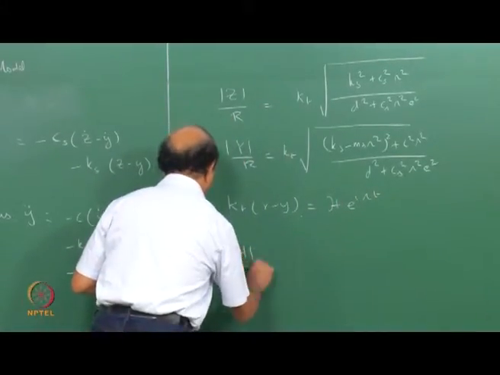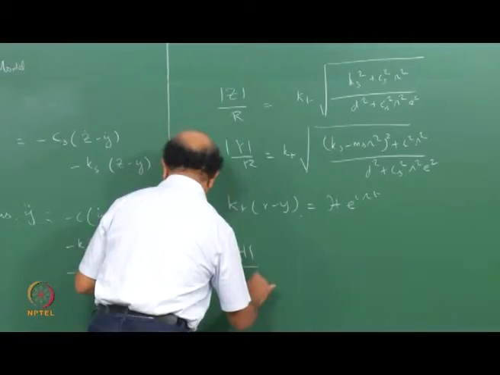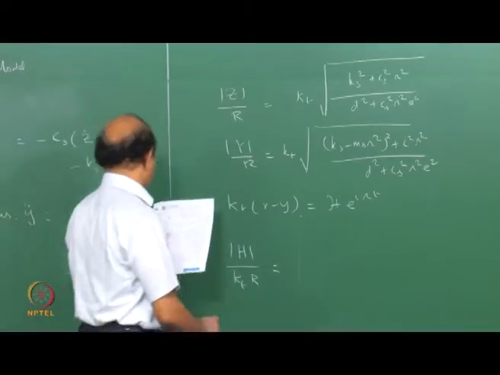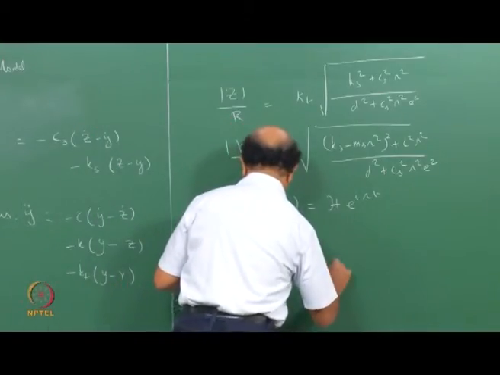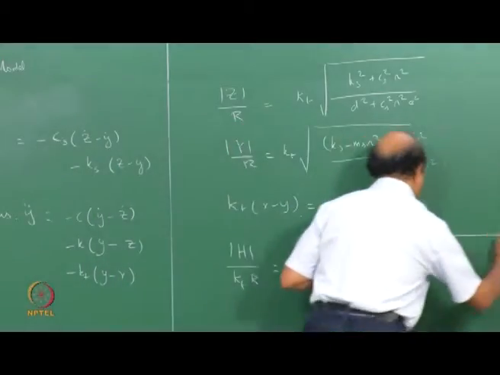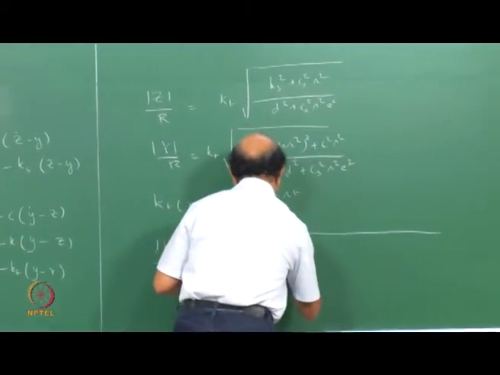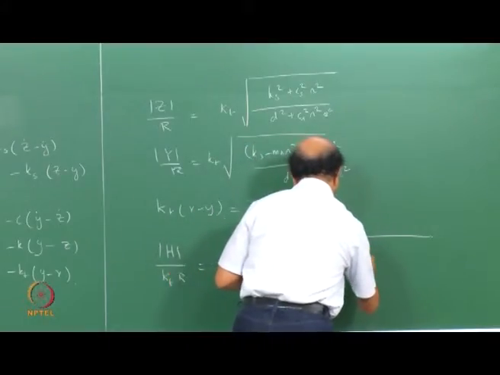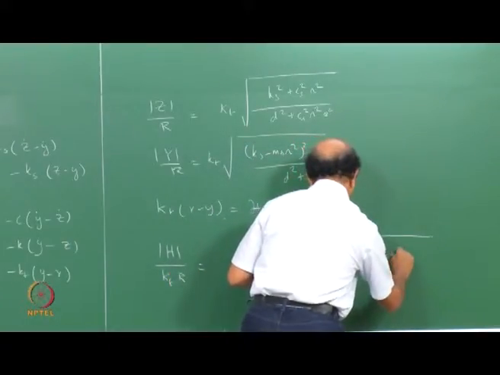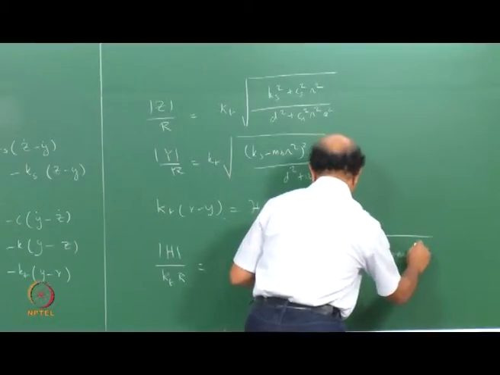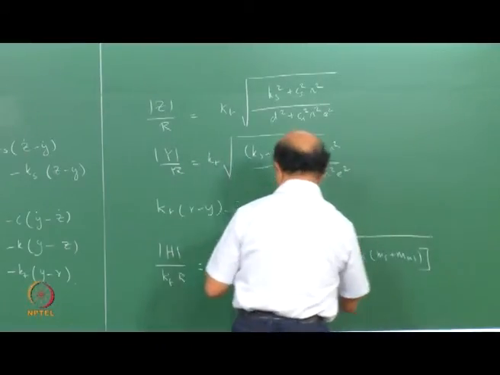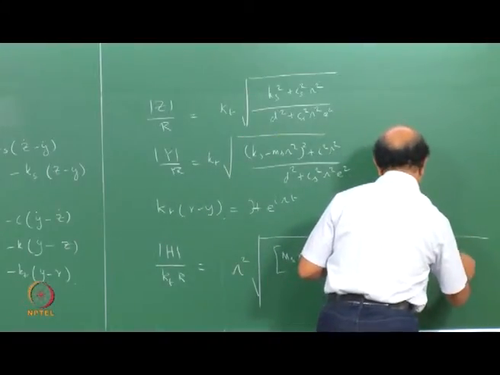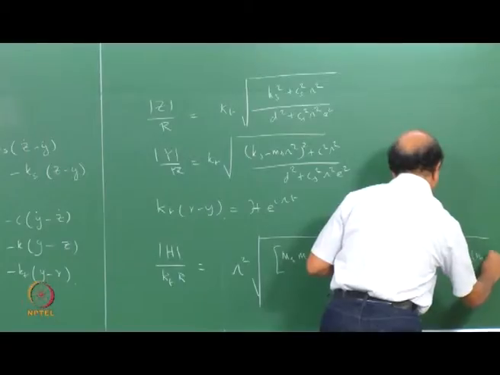So h divided by kt into r is equal to omega squared, root of ms mus omega squared minus ks into ms plus mus, whole squared plus c squared omega squared ms.